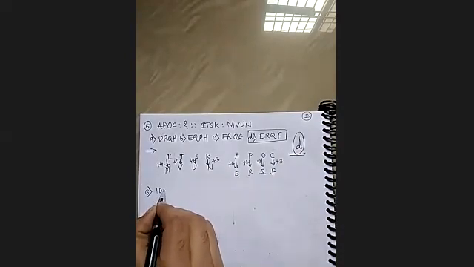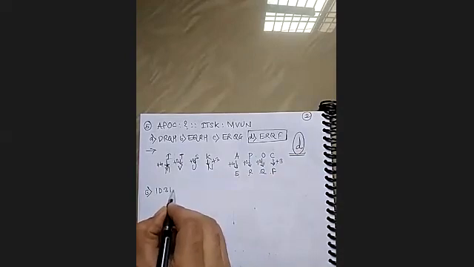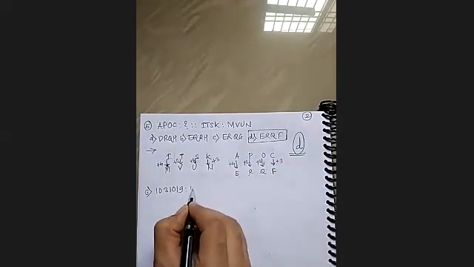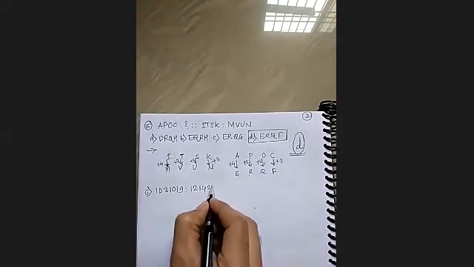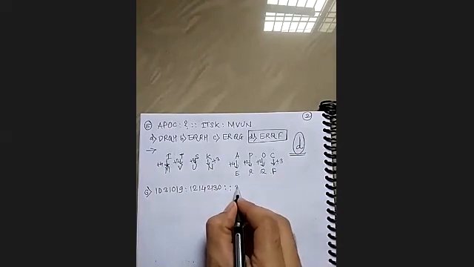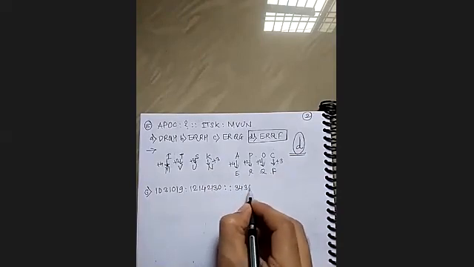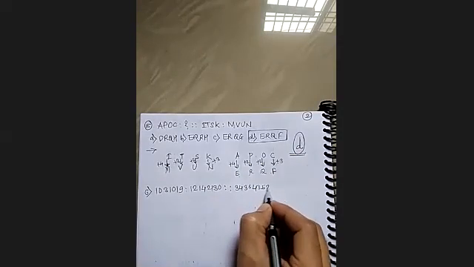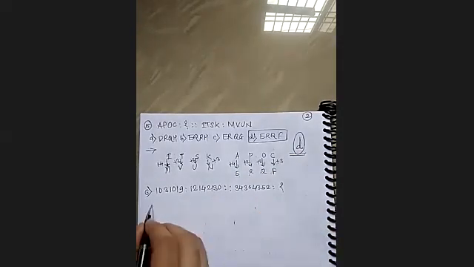Next question: 10, 31, 019 is to 12, 14, 21, 30, 34, 36, 43, 52, question mark.